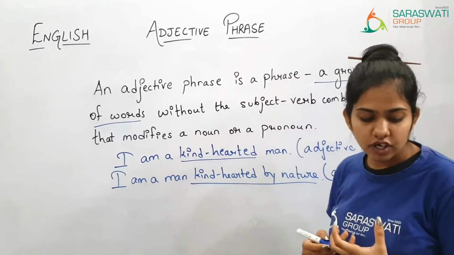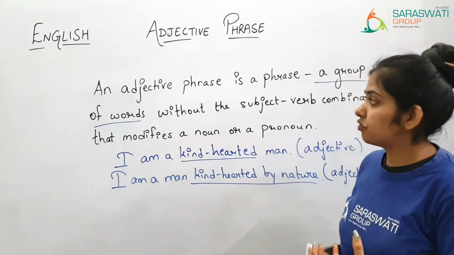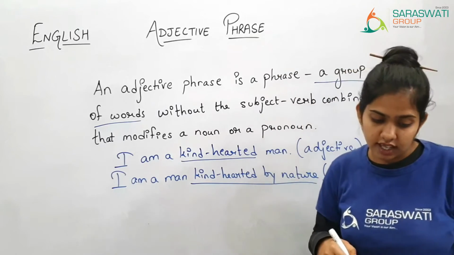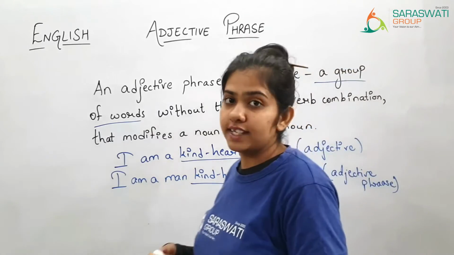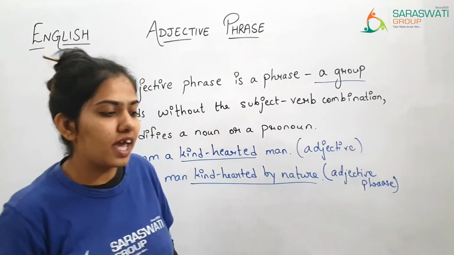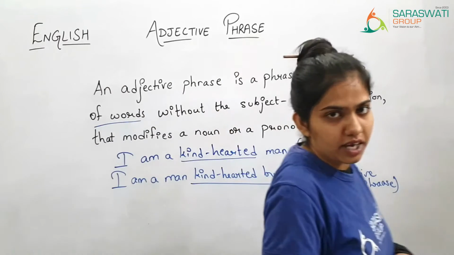So it does the work of an adjective, कि adjective phrase जो है वो adjective का ही work करता है and is called an adjective phrase, और हम उसे adjective phrase कहते हैं, right?